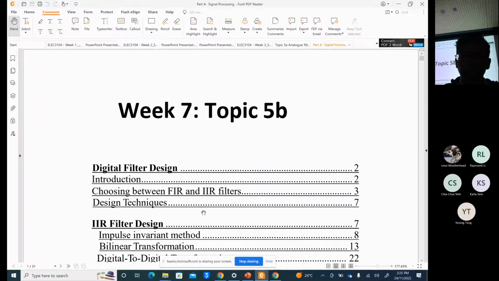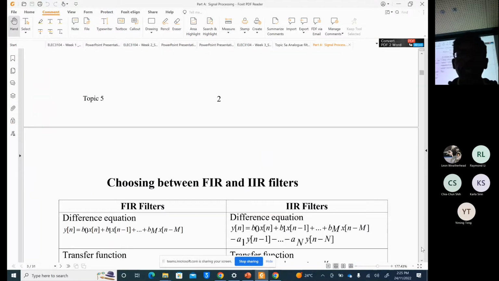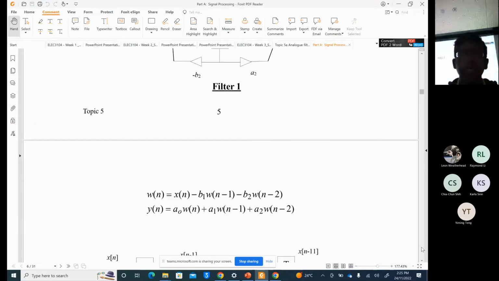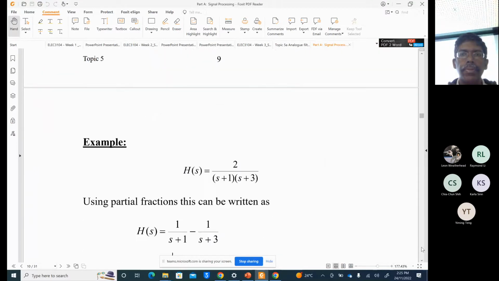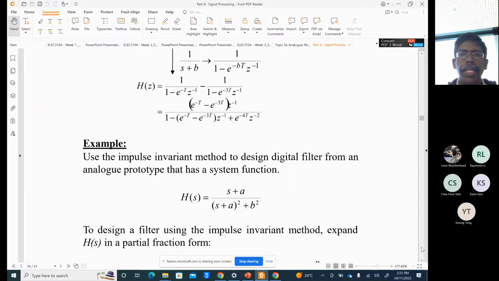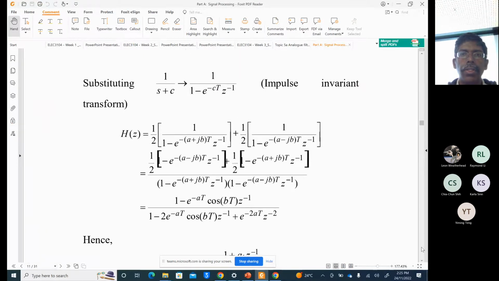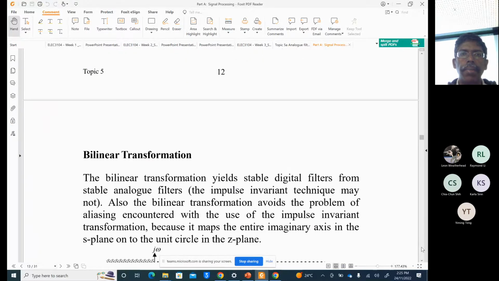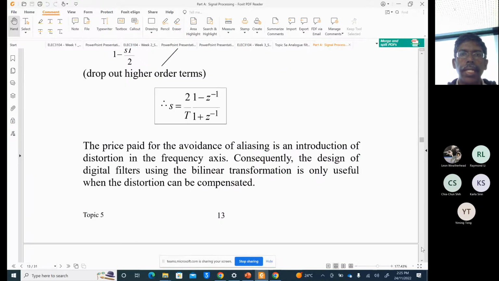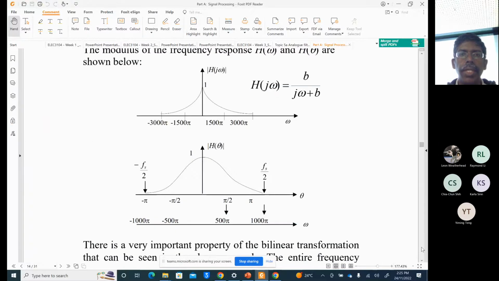Yeah. So for the pre-warp analog frequency, those equations you can quickly find. The mapping equations. Remember not to get confused with these two equations.